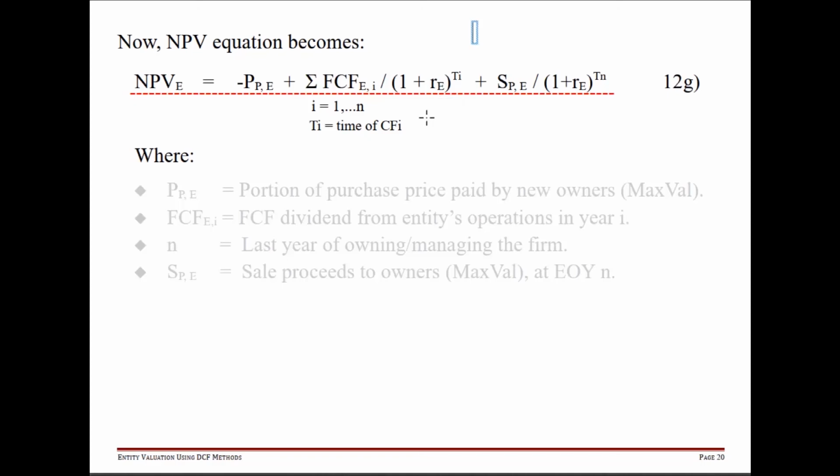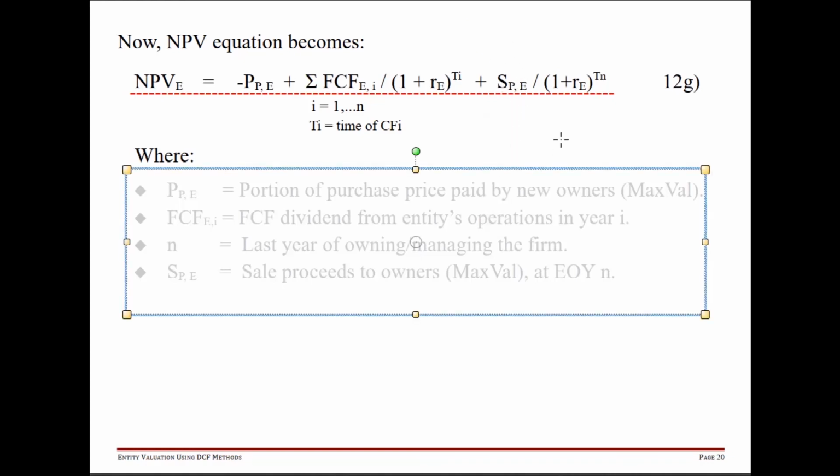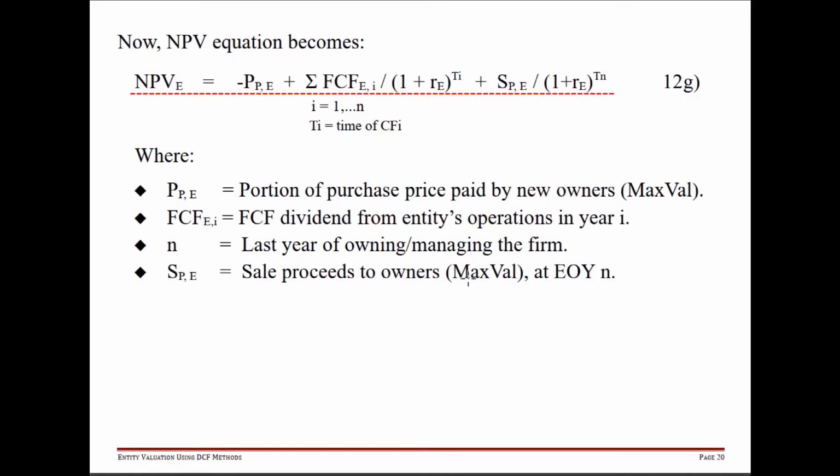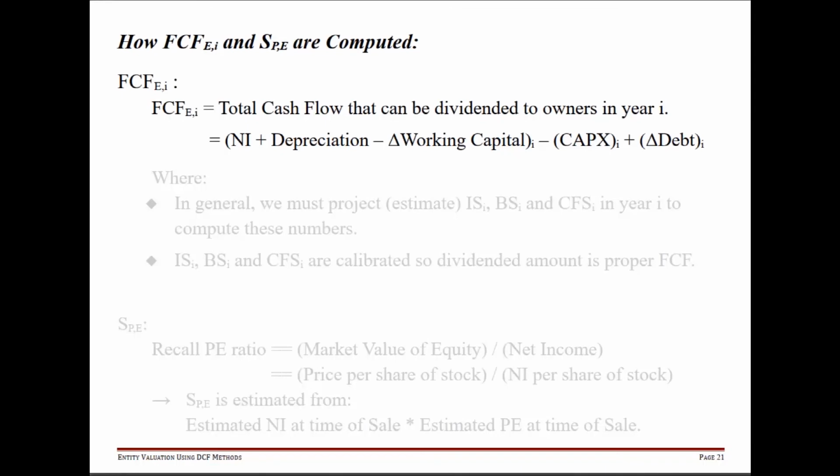And then at the end, when we're going to sell the firm, so that'll be time tn, we have this blob of cash. This is a positive blob of cash. What does that represent? It represents the blob of cash we get for selling the firm. So it's the sale price of the firm. So here are all these quantities for you to look at in detail if you want to.